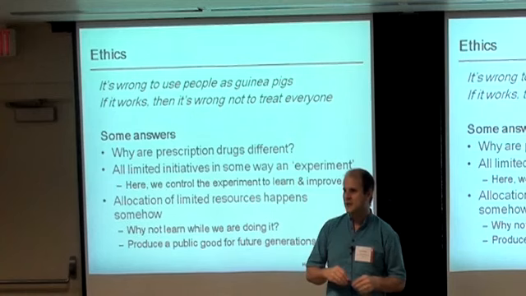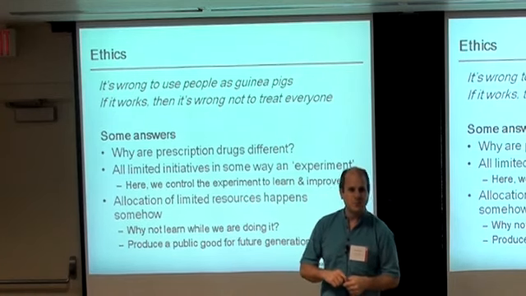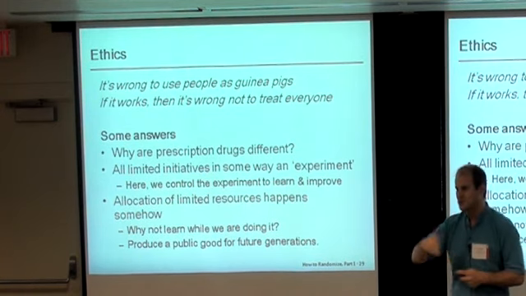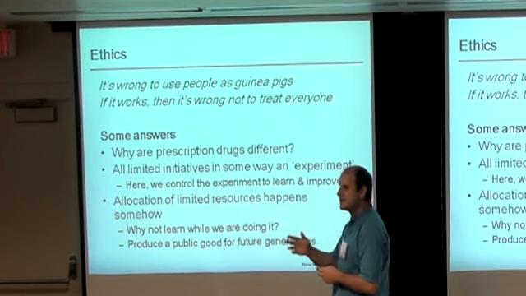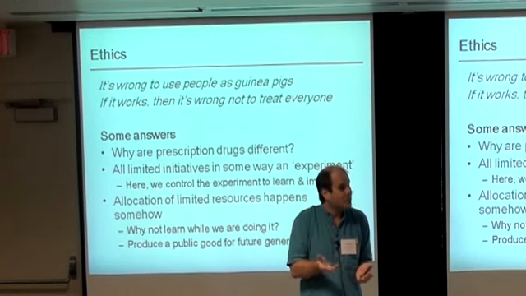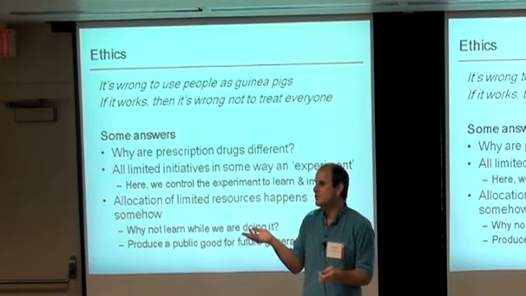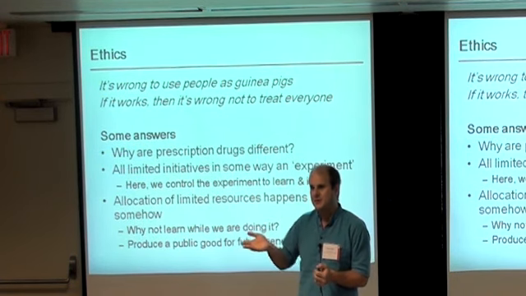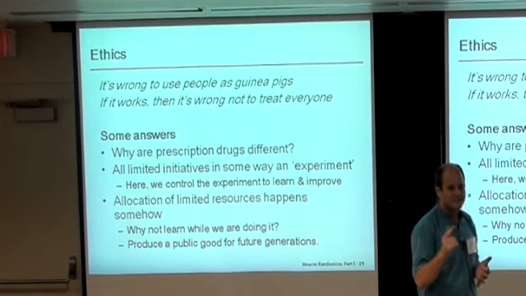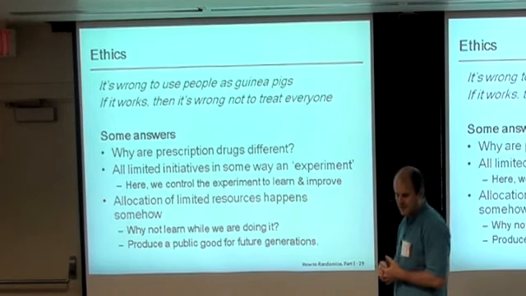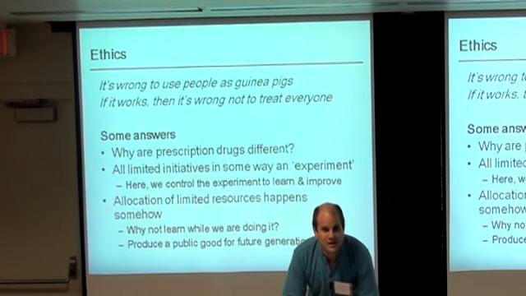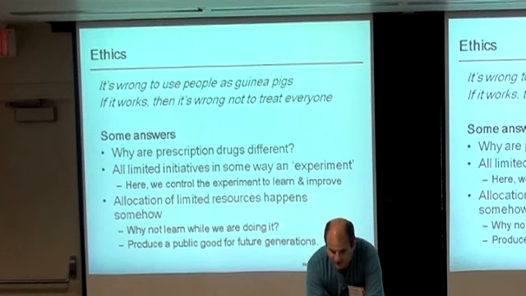Why should we be more willing to deliver interventions and services to people without knowing their impact than we are to prescribe drugs? We ourselves would never take a prescription drug if it hadn't gone through a randomized trial, or more than one. So why should we be using a different set of standards in terms of the ethics, in terms of the rigor that we want to use in order to decide how to allocate our resources?